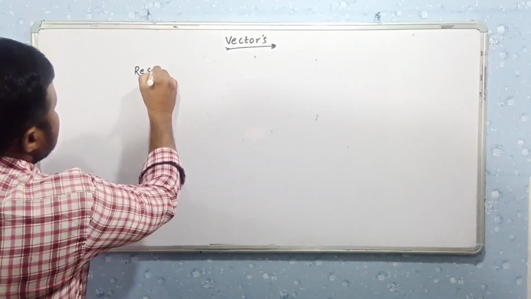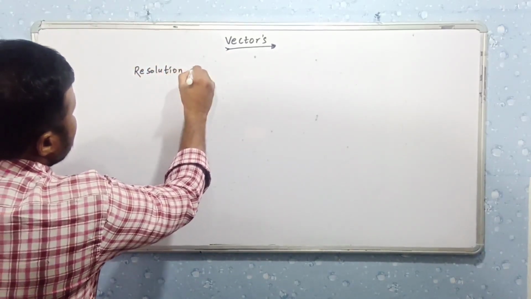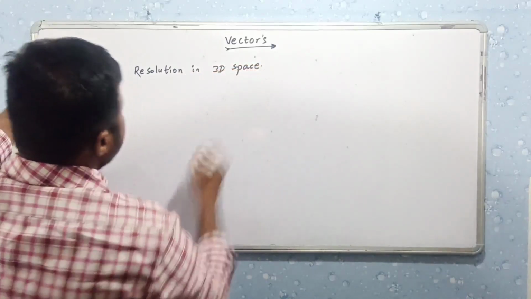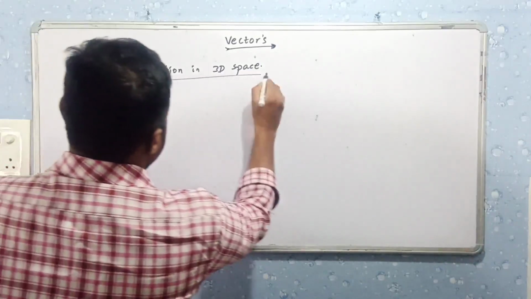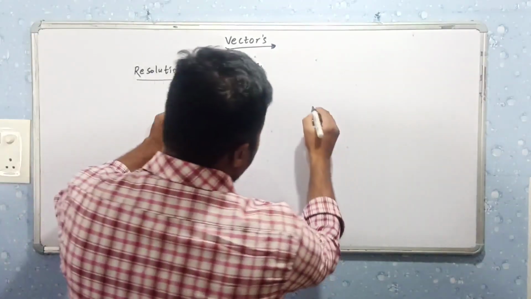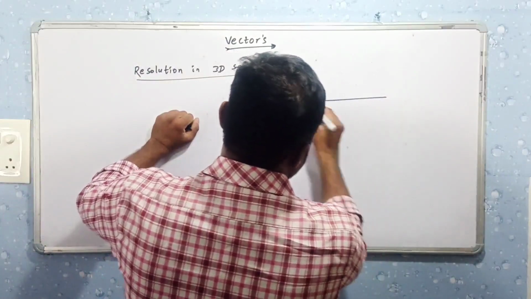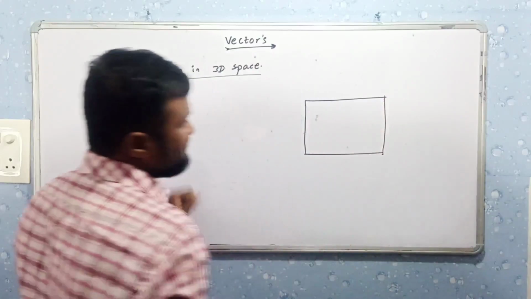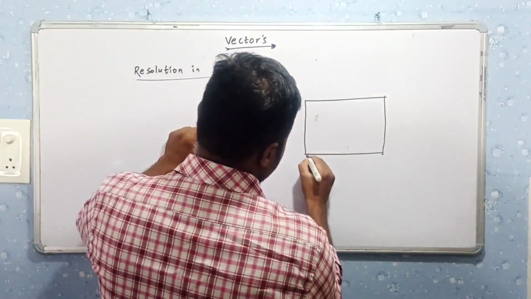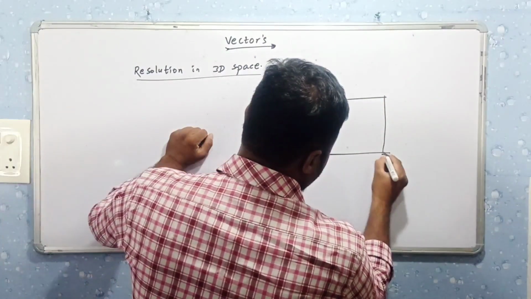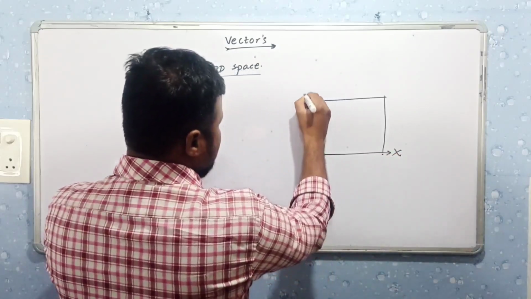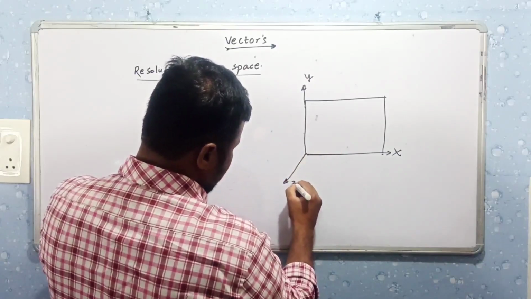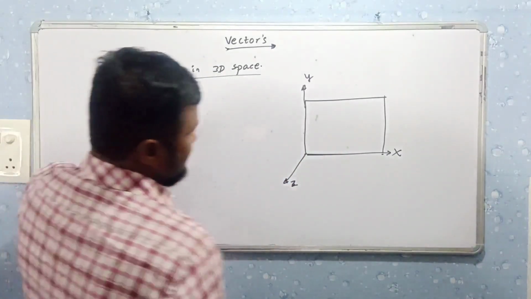Now we will discuss resolution in 3D space. Suppose there is a vector in space. In space means we can observe a three-dimensional format, as it has x-axis, y-axis, and let us suppose this is the z-axis.